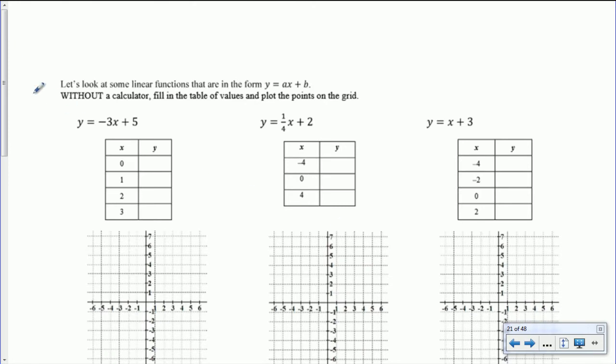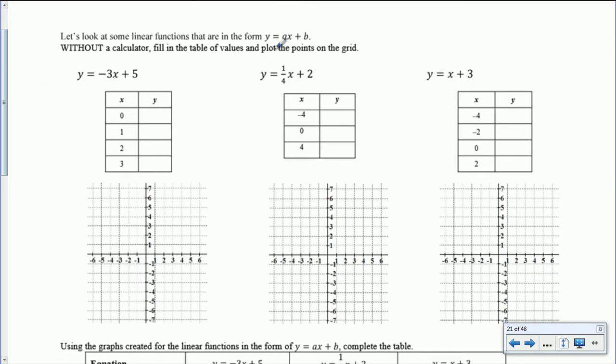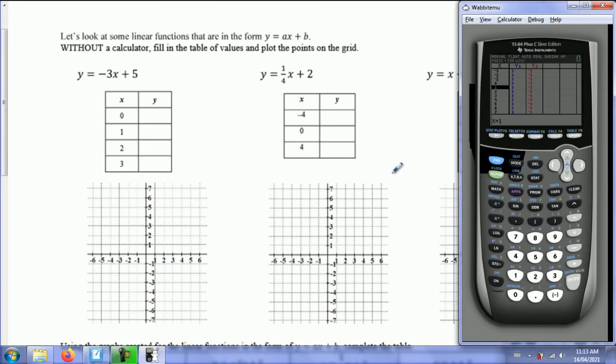Okay, moving on. Let's look at some linear functions in the form y equals ax plus b. Without a calculator, fill in the table of values and plot the points on the grid. There's an easy way we can do this with the calculator. It's obviously fairly artificial to be forced not to use a calculator in this course, so let's just see how easy this is with a calculator.